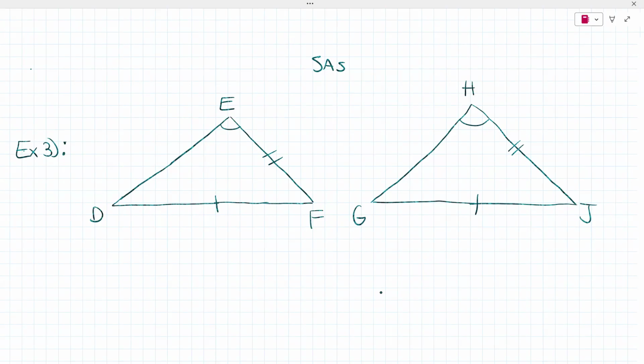This will not work. Both have to work. As you can see, the angle is not between the two side lengths, so you're going to say no. And then you could say the angle is not between the two sides.